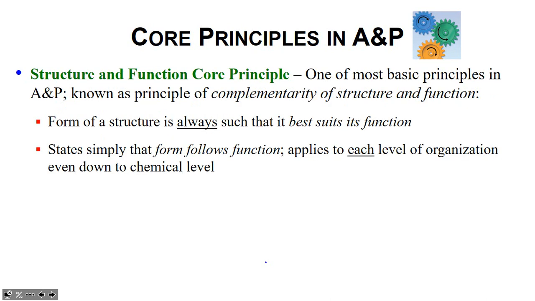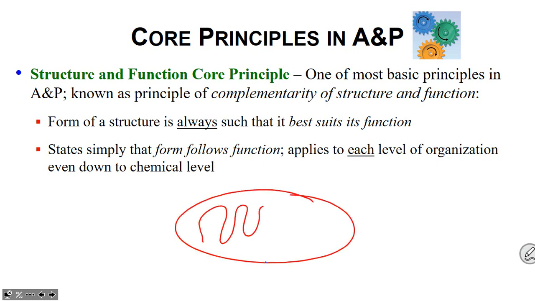All right, core principle number 2. One of the most basic principles is what we call complementary structure and function. You are always going to be built in the way that best suits your function. And this is at every level. Go all the way back to biology and look at the structure of the mitochondria. If you look at the inner membrane of the mitochondria, the cristae, it was folded.